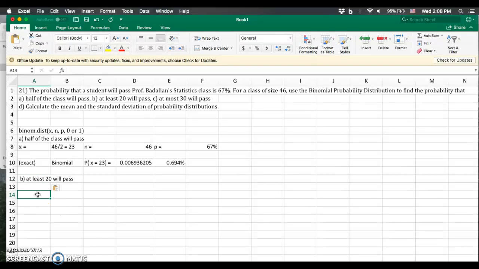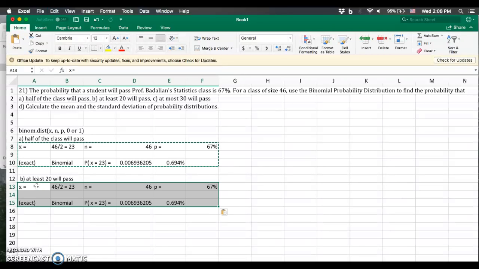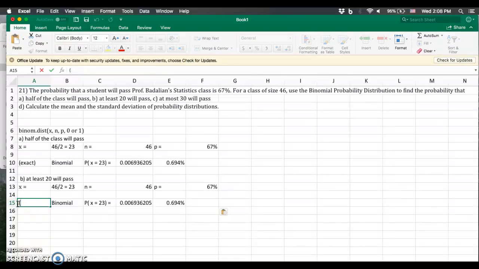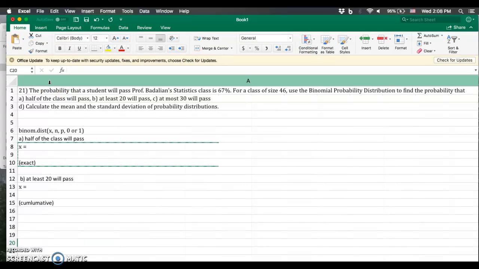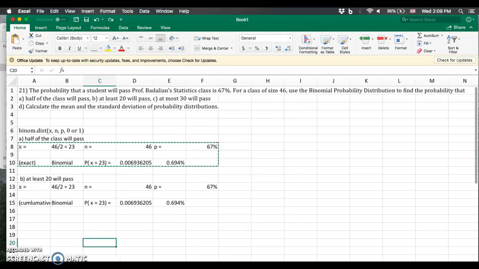So from the question we know it is going to be cumulative.